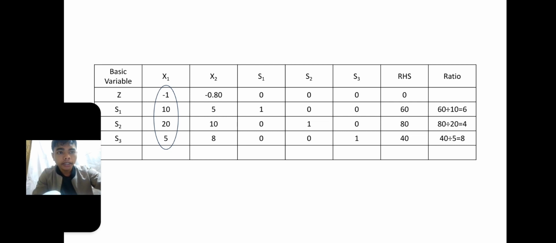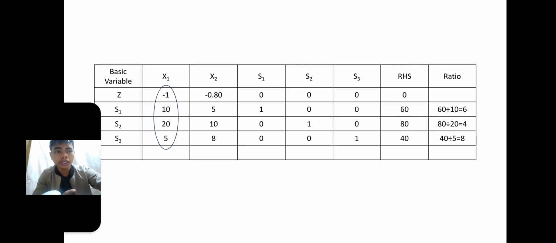60 divided by 10 is equal to 6, and 80 divided by 20 equals 4, and 40 divided by 5 is equal to 8. In the ratio, you can see the 6, 4, and 8. Look for the smallest value in the ratio and use it as the key row.